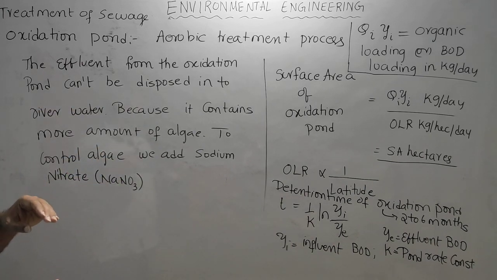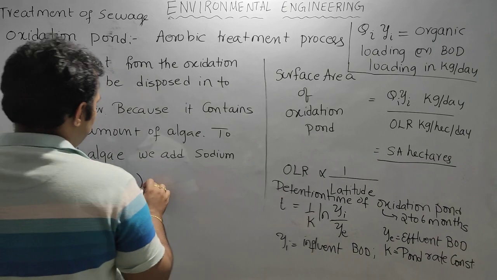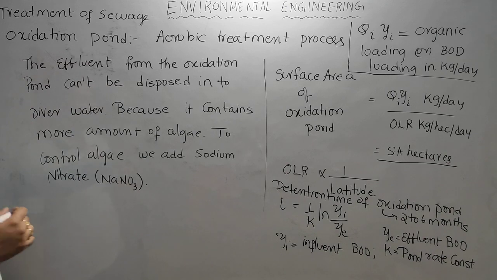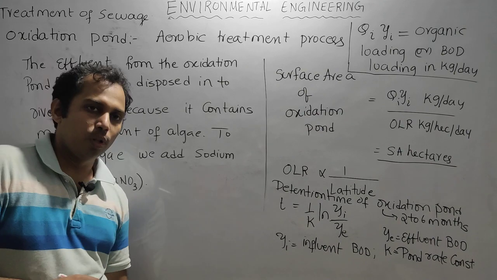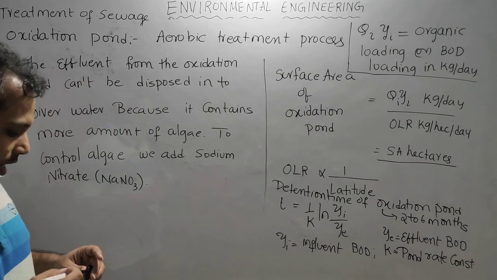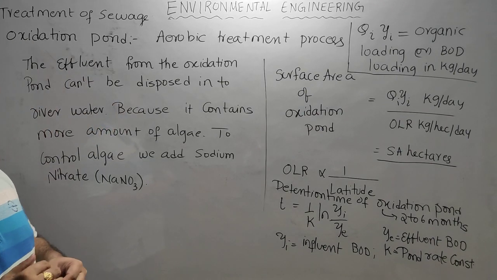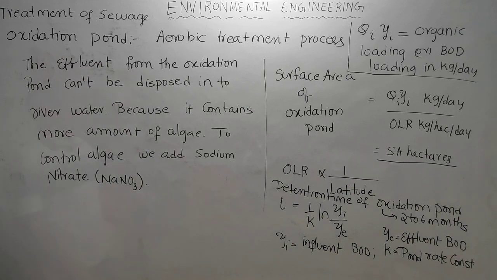To kill the algae, we add sodium nitrate. Very important: to promote algae growth, copper sulfate is needed; to control algae growth, sodium nitrate is needed. So we add sodium nitrate, we reduce and control the algae, and then we send that effluent to the desired locations where it is permissible.